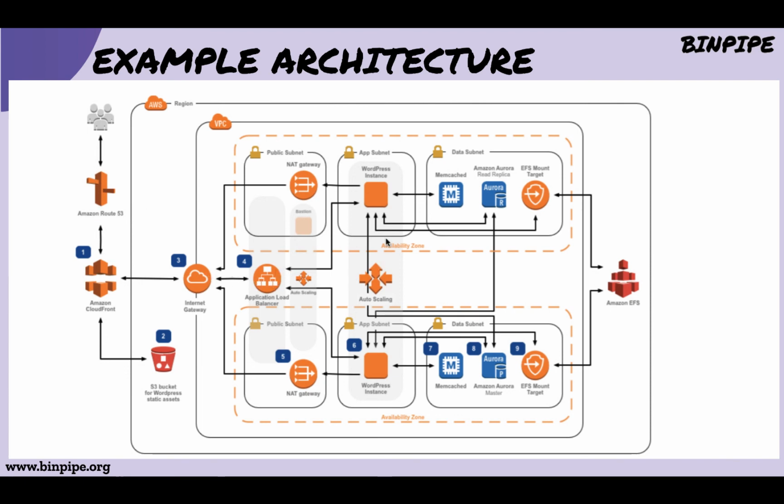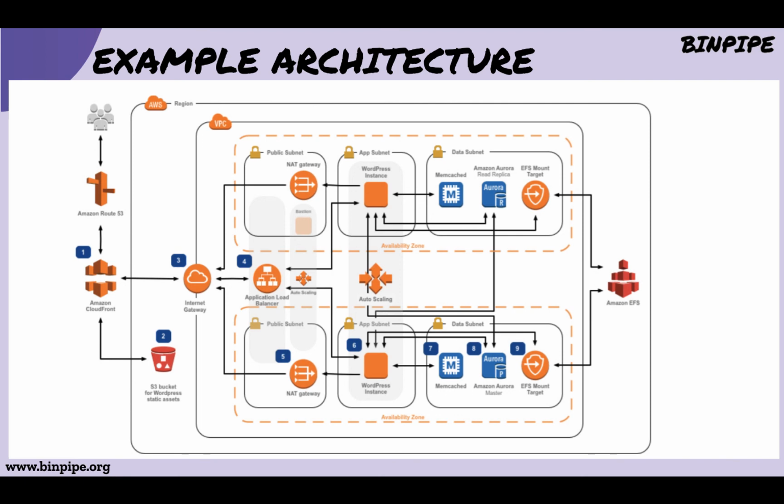Now the application load balancer, or the ALB, will forward the requests to any of these servers based on the algorithm which is set here. Normally these ALBs have a round robin algorithm, where one request goes to server 1, second goes to server 2, third goes to server 1 again, fourth goes to server 2, and so on.